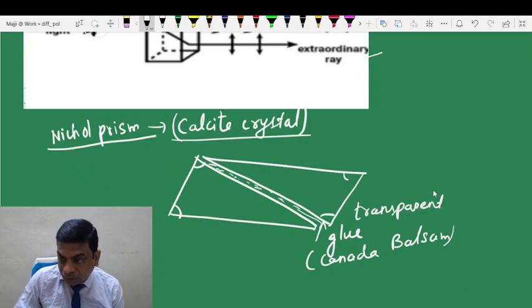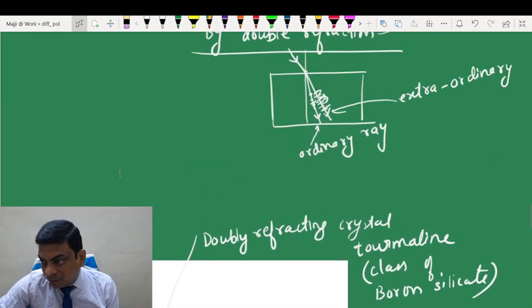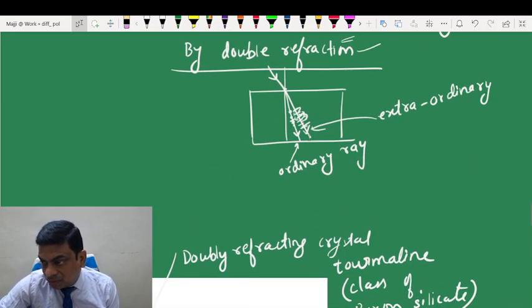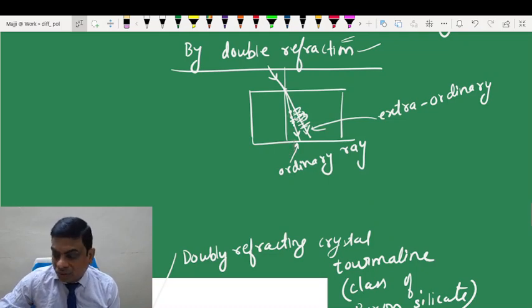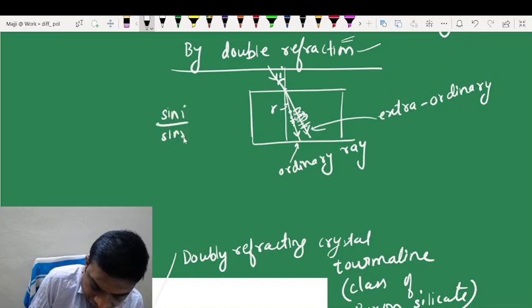Now here certain things we have to understand, students. Why is one of the rays known as the ordinary ray and the other the extraordinary ray? Because the ordinary ray follows Snell's law, and Snell's law states that sin i upon sin r is equal to the refractive index of the second medium with respect to the first.